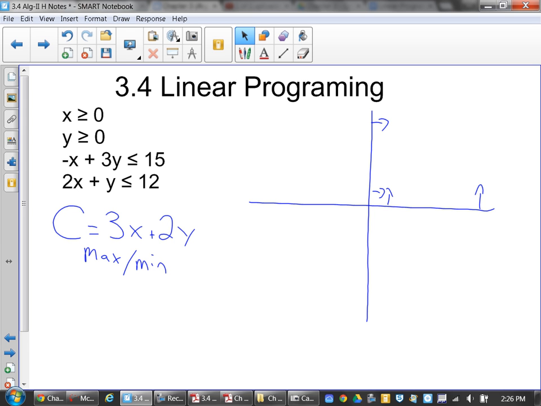-15 for x, and your y is 5. So -15 is about here. Notice I'm writing it as an ordered pair right off the bat. And our y value is at 5. When I connect those two, will it be solid or not? Solid.